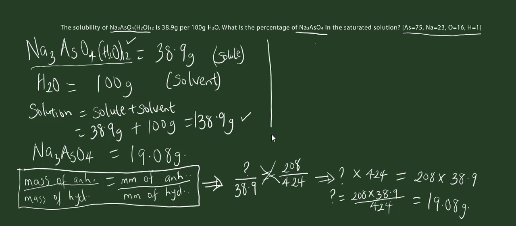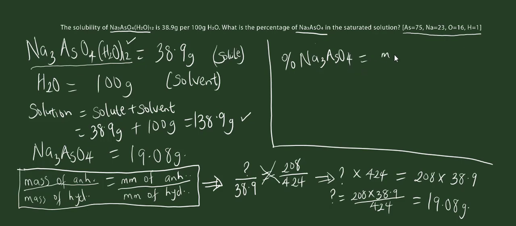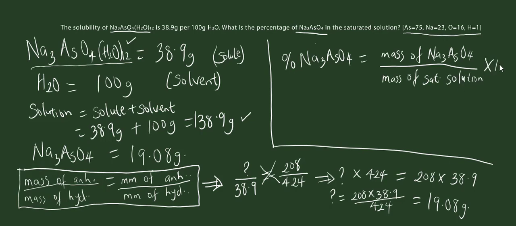Okay, now the percentage of Na3AsO4 will be equal to the mass of Na3AsO4 divided by the mass of the saturated solution, all multiplied by 100.